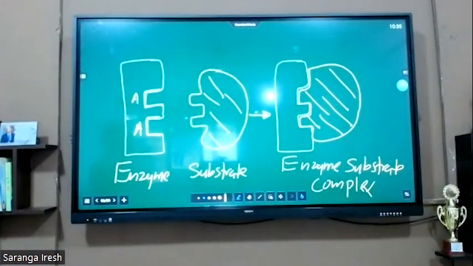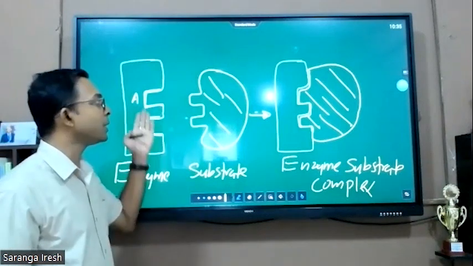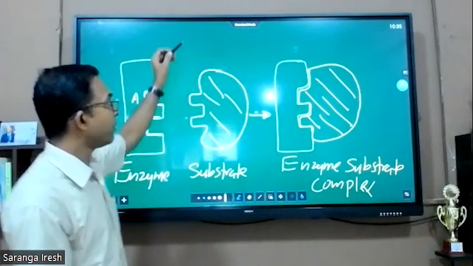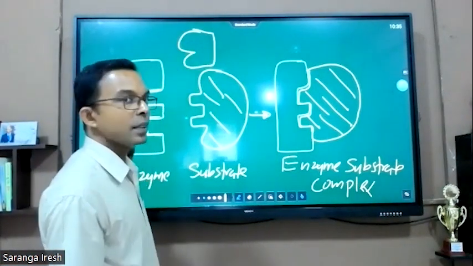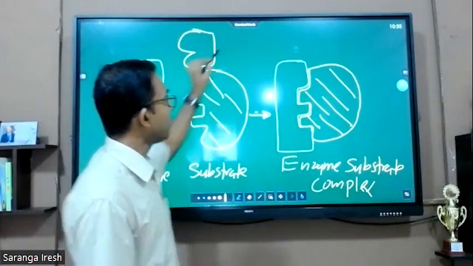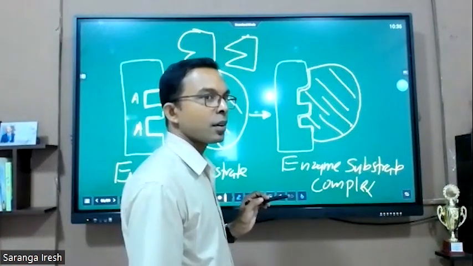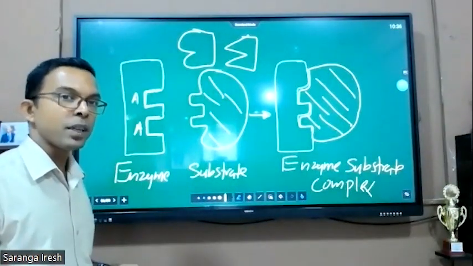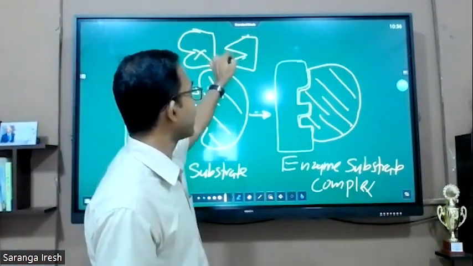The substrate molecule binds to the active site of the enzyme because the shape of the substrate molecule is similar to the active site of the enzyme. Whenever the shape is not similar, they can't bind because the shape is different. The active site shape should be similar to the substrate, so these molecules cannot bind.